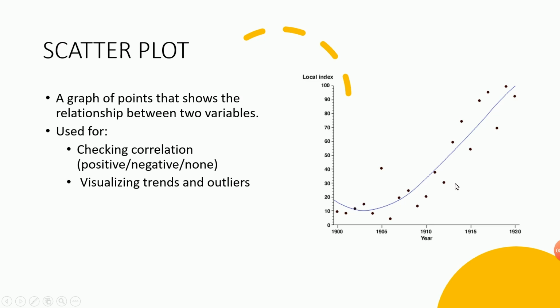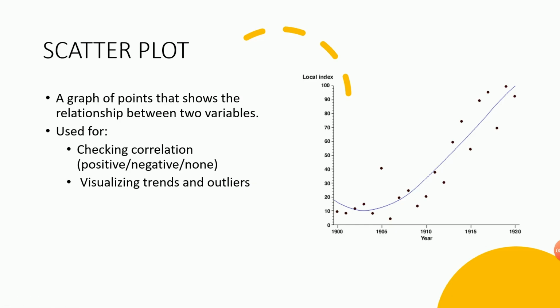See here, there are certain points at some different positions, but still they are connecting it to the closest thing without deviating in a crisscross manner. It is a graph of points that shows the relationship between two variables. This is used for checking correlation and visualizing trends and outliers. So this is known as scatter plot.